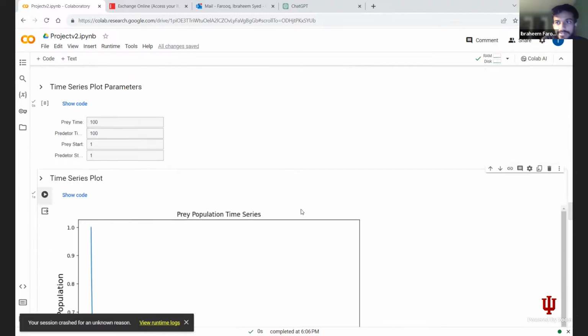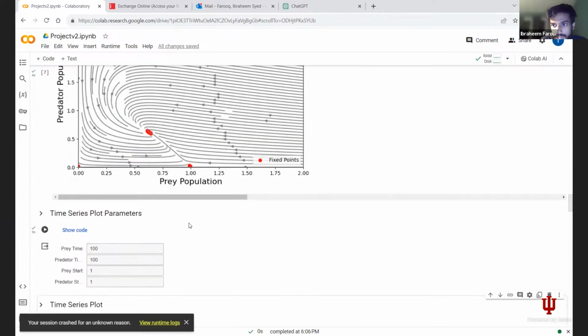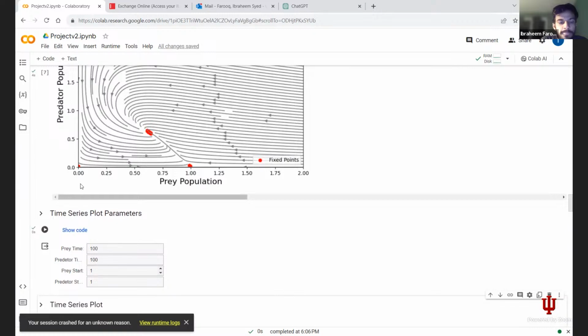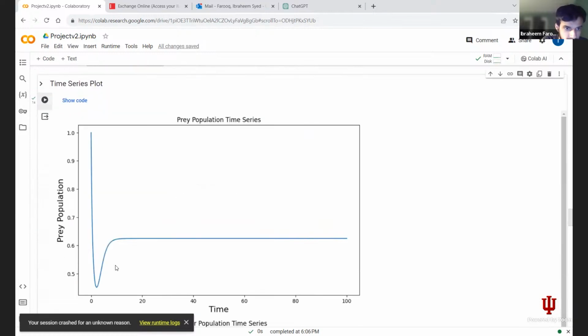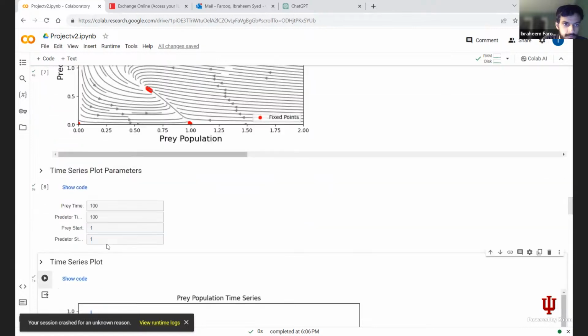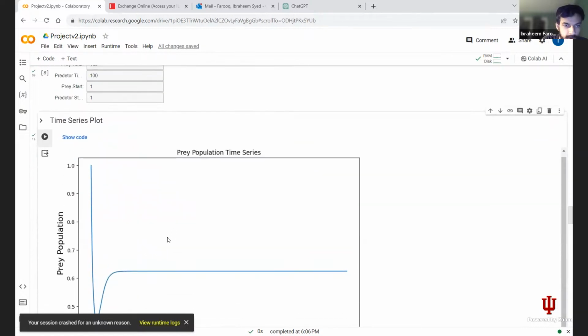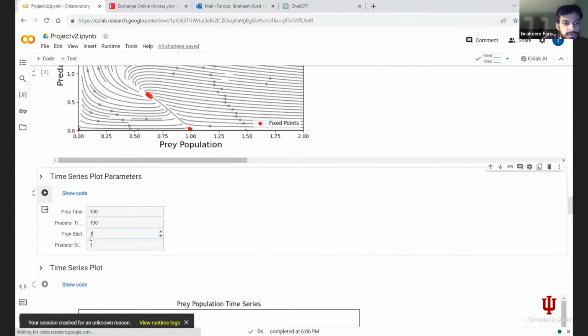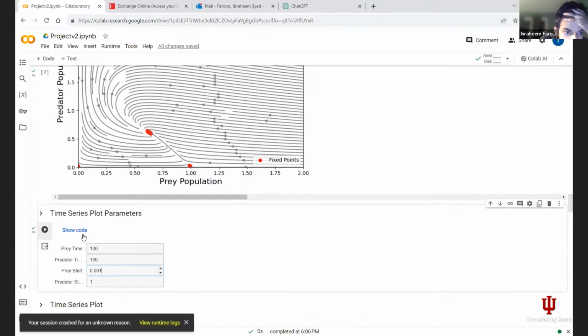Now, more interestingly, we should check to see if the Allee effect is actually working. So we should try a low prey population and see if the growth rate is different at a lower value, because here we can see the growth rate is almost constant. So if we choose prey start at 0.001, let's try this.